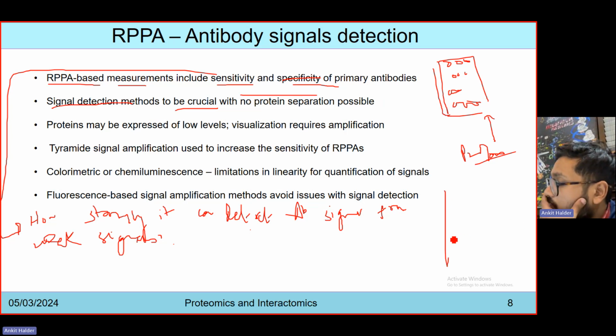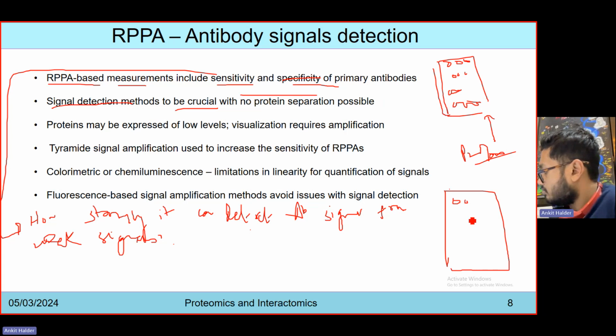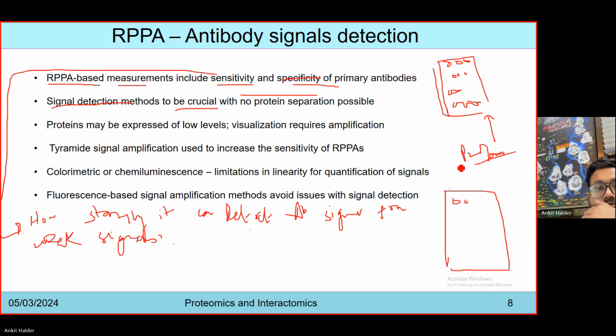Now for RPPA, what are you doing? Here it is cell lysate, so there is no separation of the proteins.